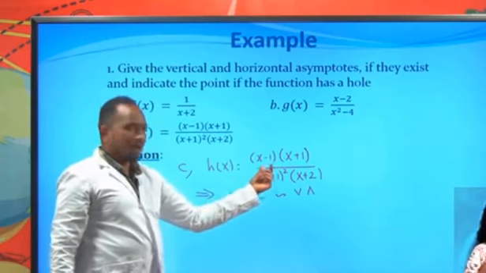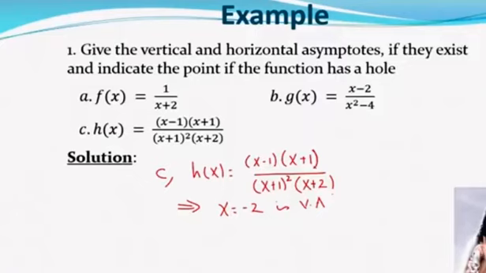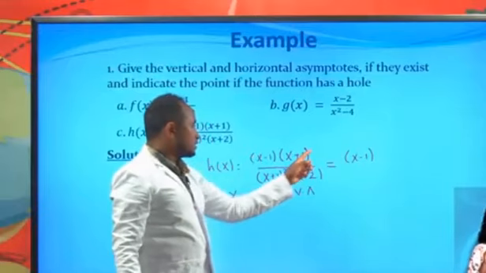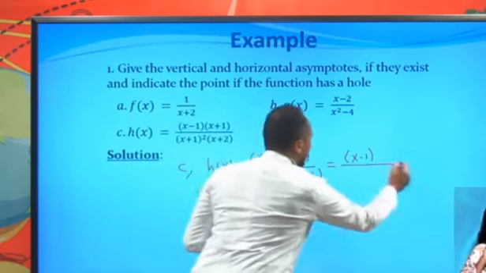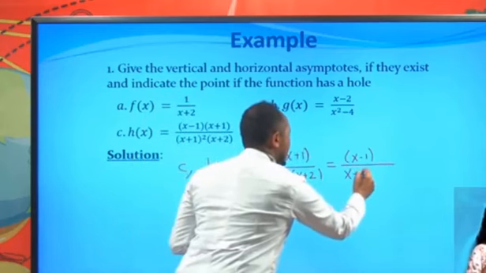In addition, it also has a horizontal asymptote because the numerator and the denominator have the same degree. So you take the ratio of the leading coefficients. The leading coefficient here is 2, here it's 1, so 2 over 1. In that case, the horizontal asymptote will be y is equal to 2. This is it. Now, next, let's proceed.